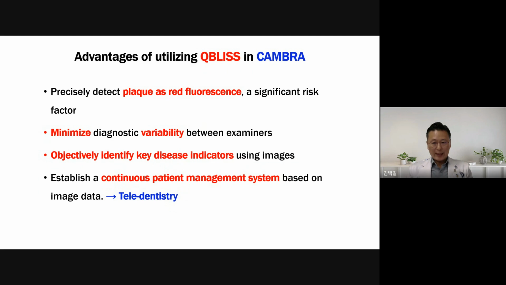We can easily and objectively identify the key disease indicator using this image and the QBLISS system. We can continuously and objectively monitor the patient's mouth condition, and we can also connect this data to teledentistry. This is a very promising part in the future.